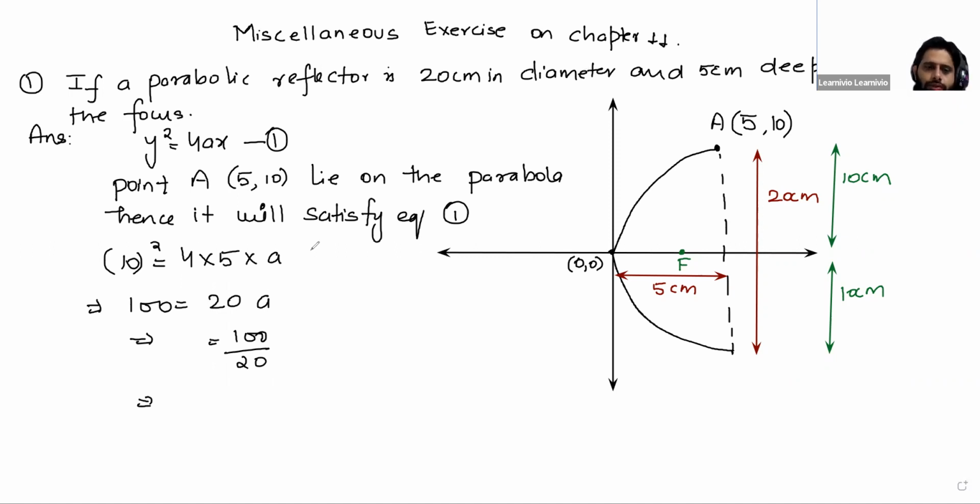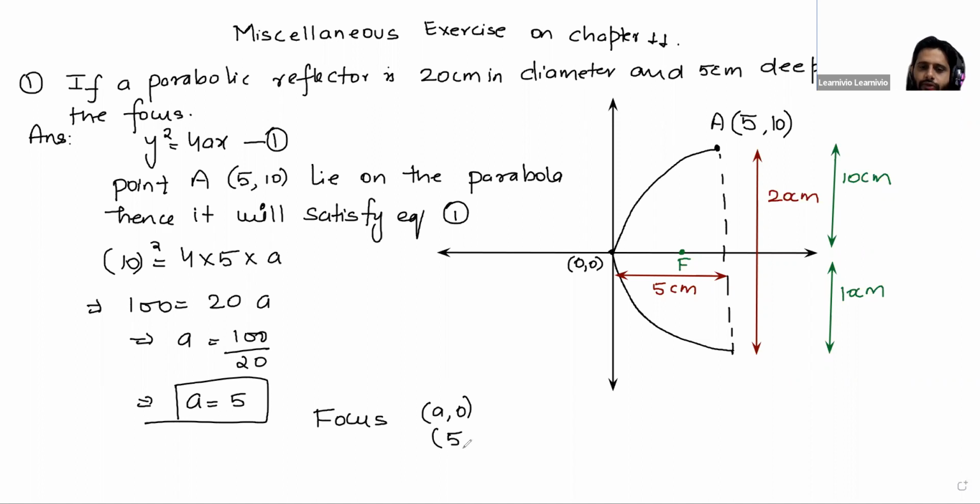So you will get a is equal to 100 by 20. So a is equal to 5. Okay, a is 5. Now, what is the focus? Focus of a parabola is a comma 0. So this is 5 comma 0. This is your answer.